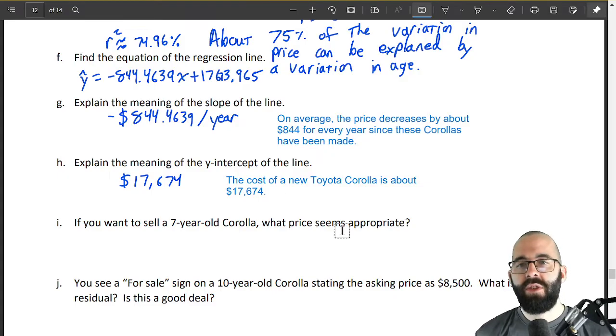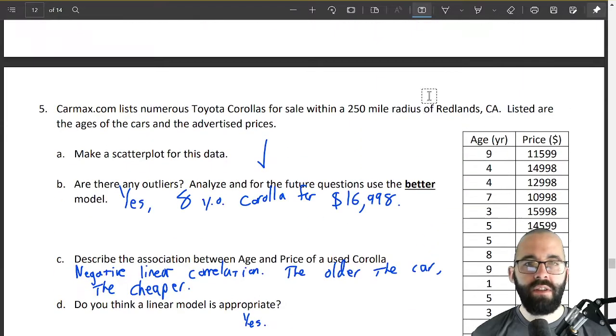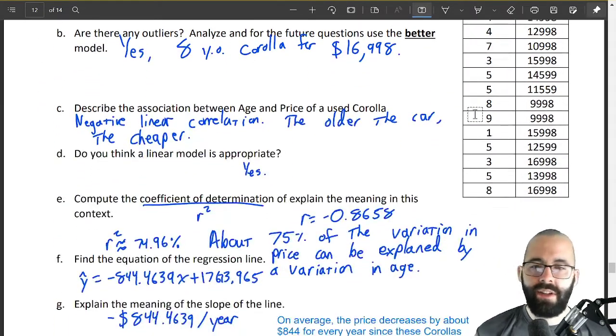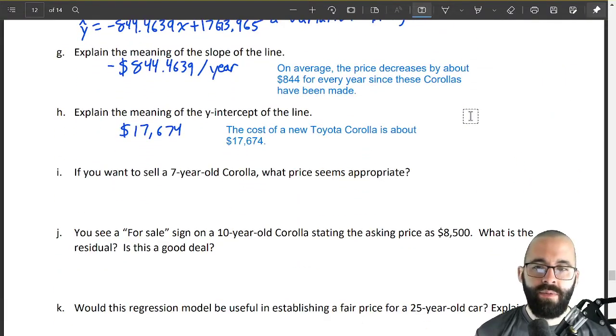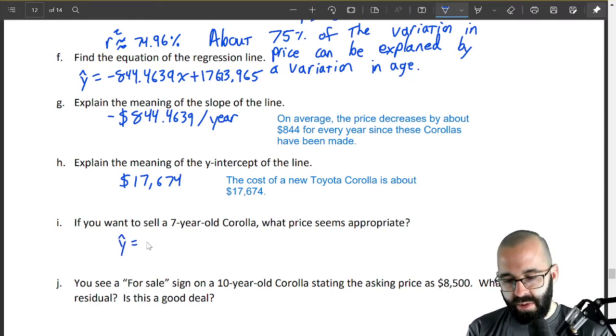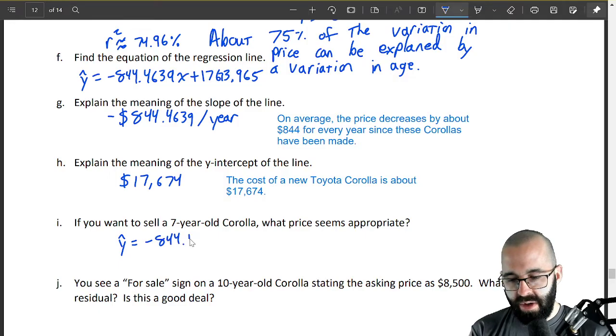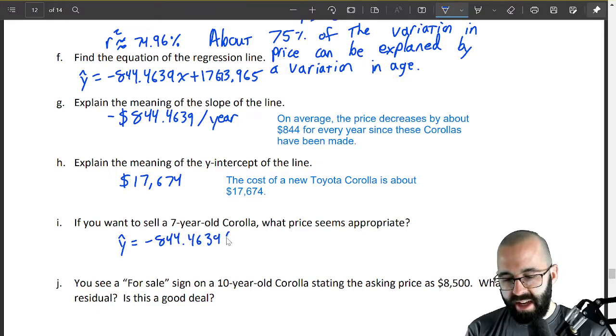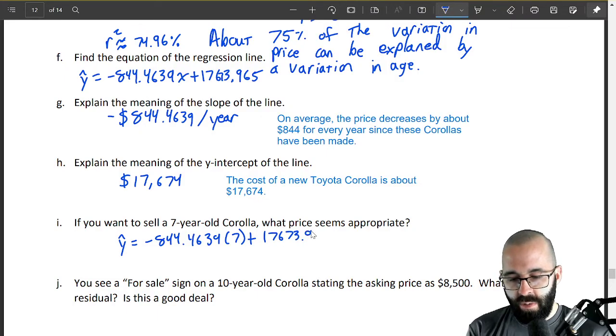So if you want to sell a 7-year-old Corolla, what price seems appropriate, given that you're close to Redlands, California, in this time period? Well, we could just use an approximation. The y hat is going to equal -844.4639 times x, which is 7, plus 17,673.965.